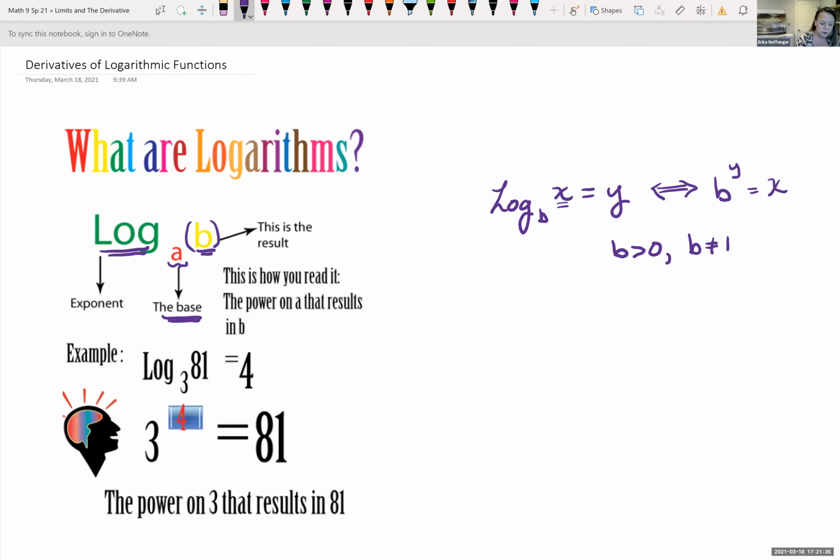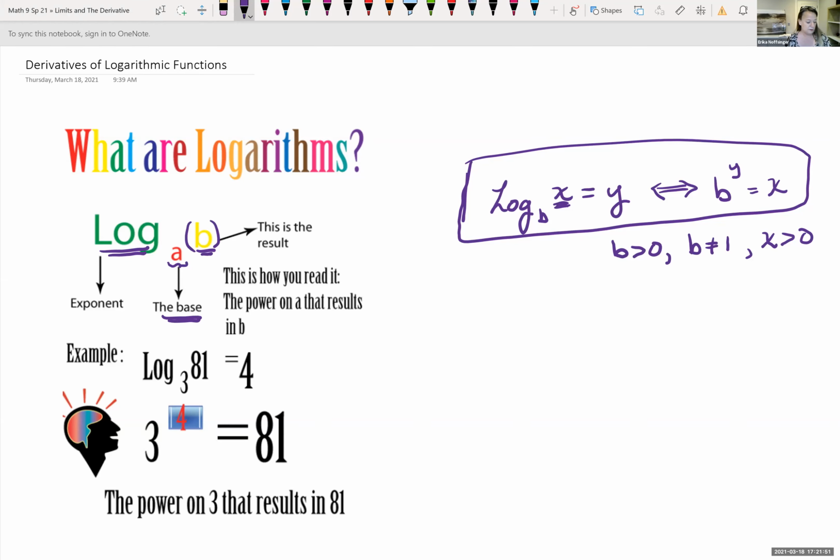For our domain, what we're taking the log of always has to be greater than 0. The key thing to know is that when we take a log base b of something, we're looking at what exponent of that base would give us that something.